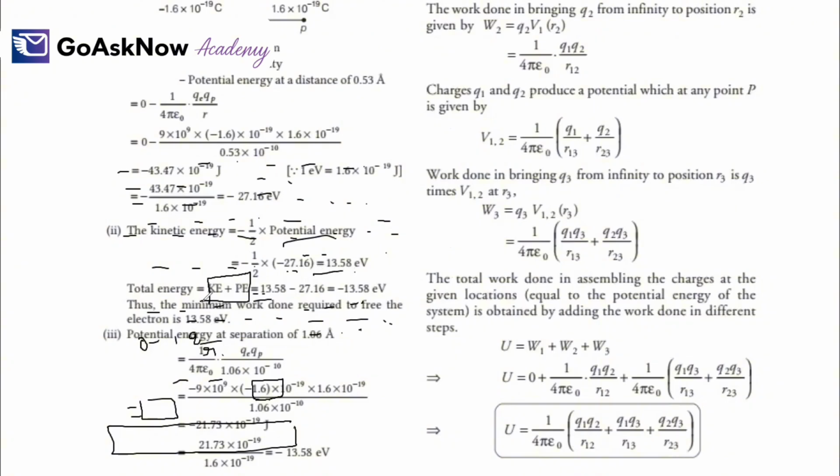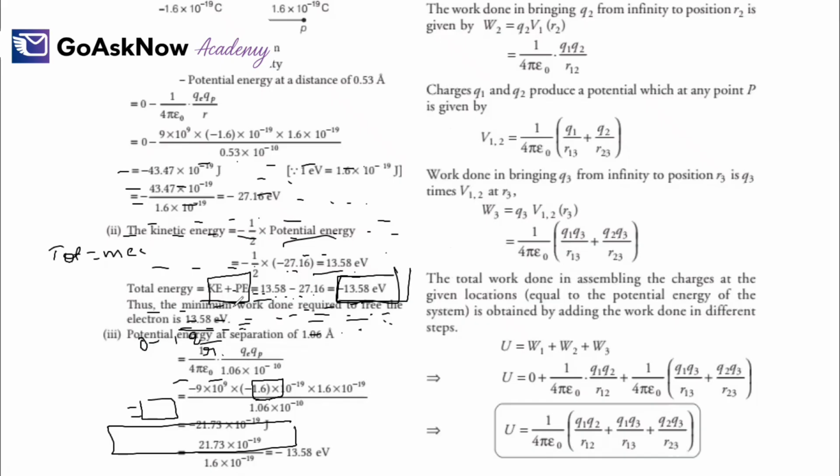Because only this energy will be calculated here. Total energy will be equal to mechanical energy, that is equal to kinetic energy plus potential energy, that is equal to 13.58 minus 27.16. That will give you minus 13.58 electron volt. Thus the minimum work required to free the electron is 13.58 electron volt, because this is the negative value of total energy.